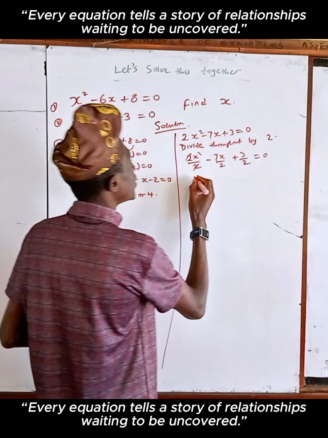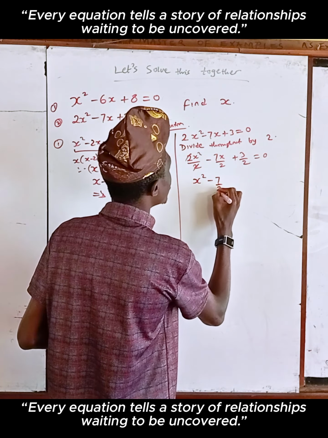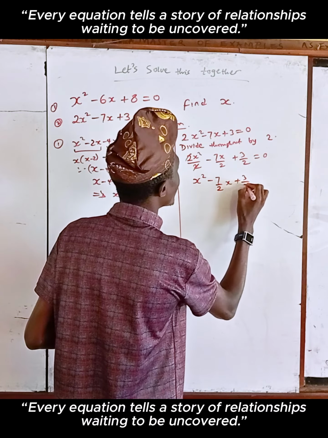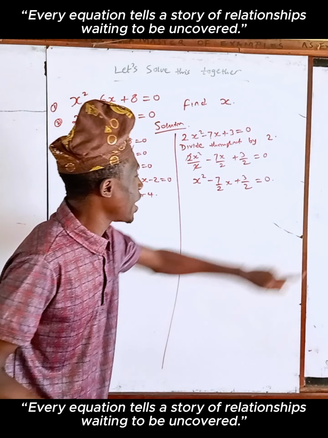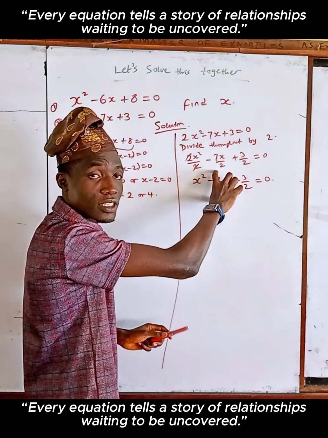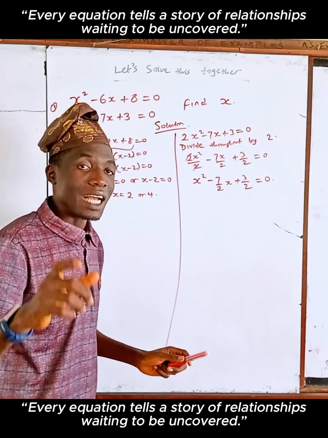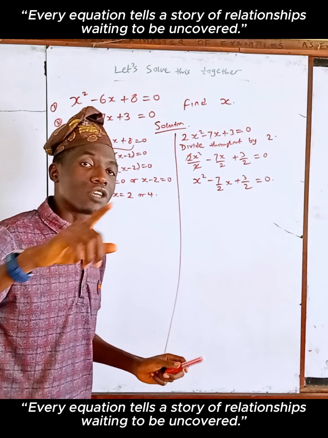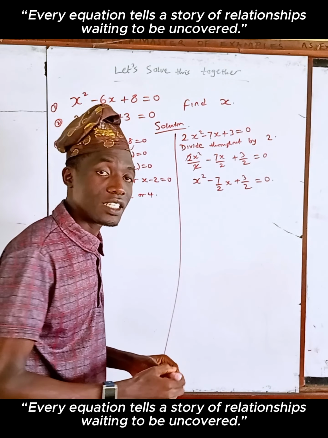Alright, so our new equation will now be x squared minus 7 over 2x then plus 3 over 2 is equal to 0. Now, according to the Po-Shen Loh method, for you to apply it, this is it. Take negative half of this coefficient of x, add and subtract it to an unknown variable. That unknown variable, find the value. Now substitute it back into the expression that I'm going to write, and this is the expression.